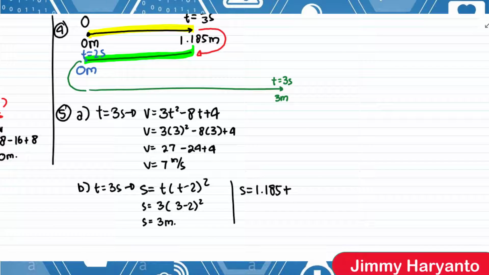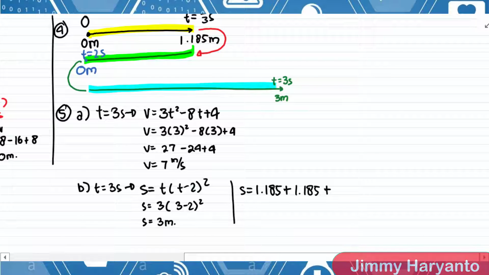For the second one, it's also 1.185, and then for the third one is 3 meters. So the total distance will be 1.185 times 2 plus 3, 5.37 meters.